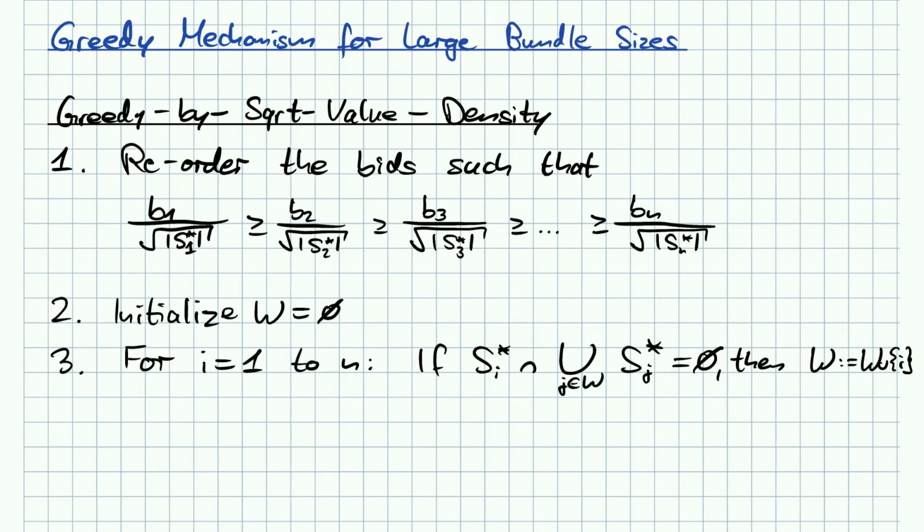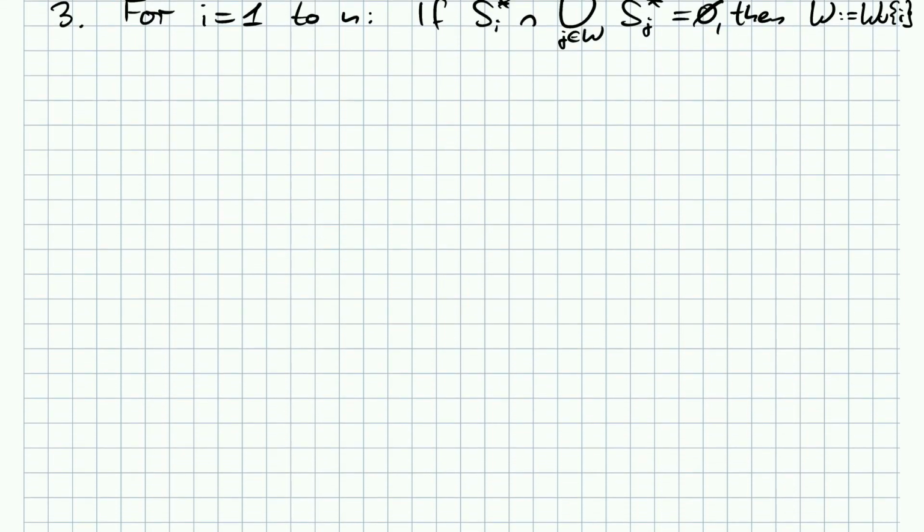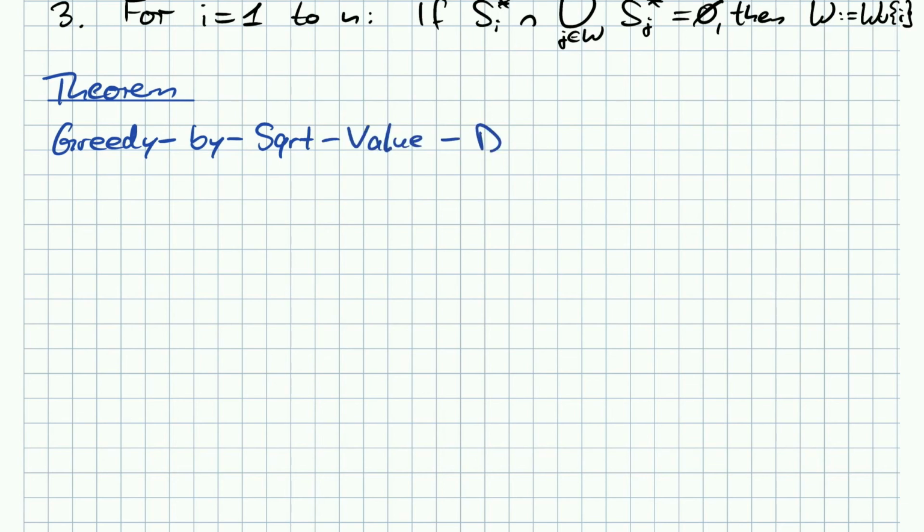Namely, we can show the following. Greedy by square root value density is a square root of m approximation.